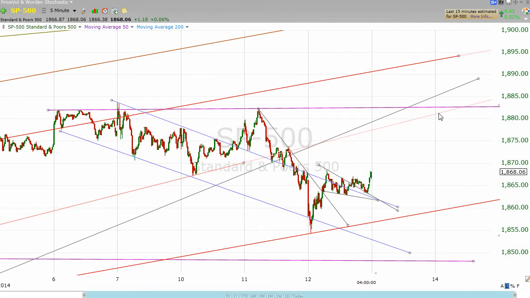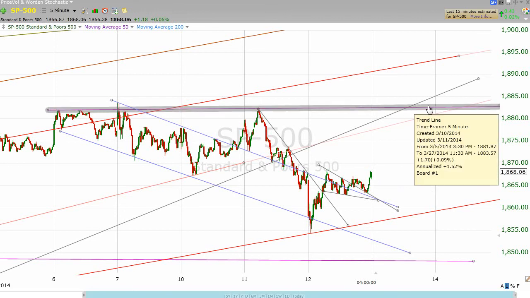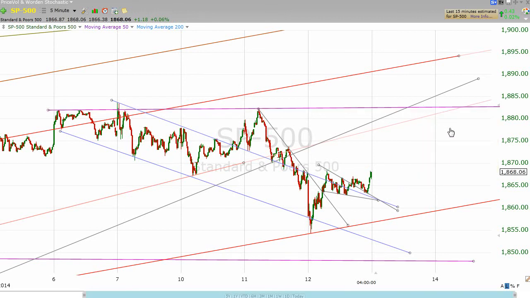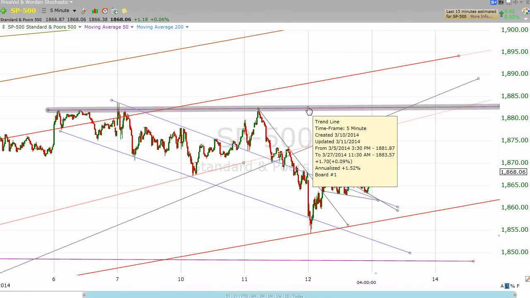So basically it looks like we're wanting to bounce here, and if that's the case and we come back up and start knocking on 1883 again, this could be an important line.